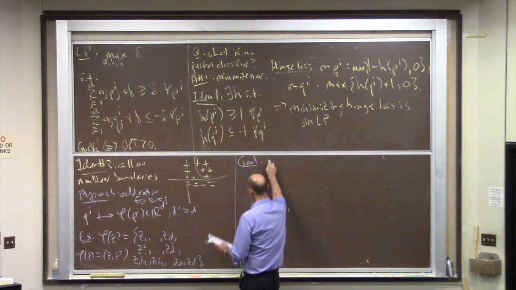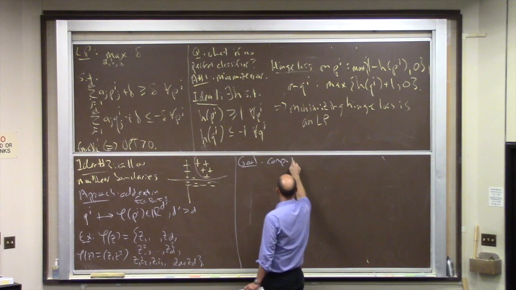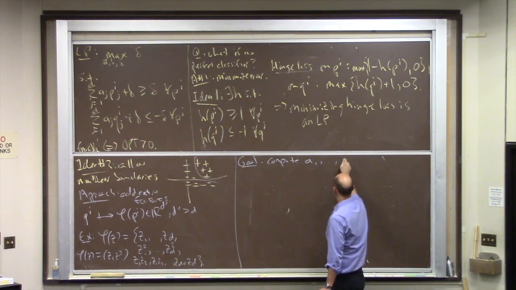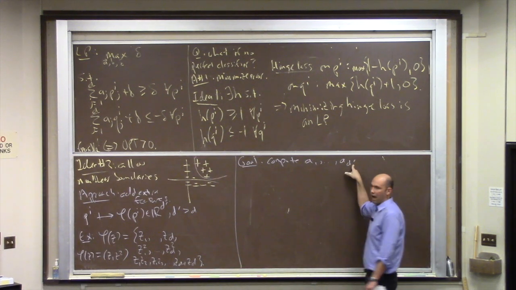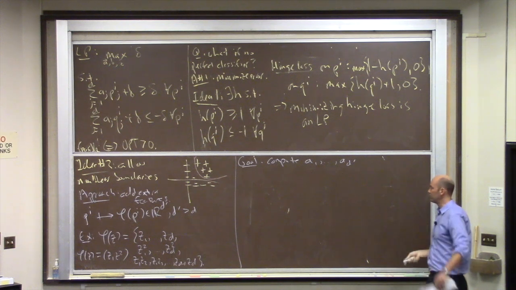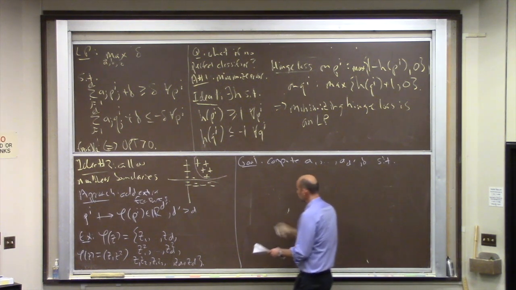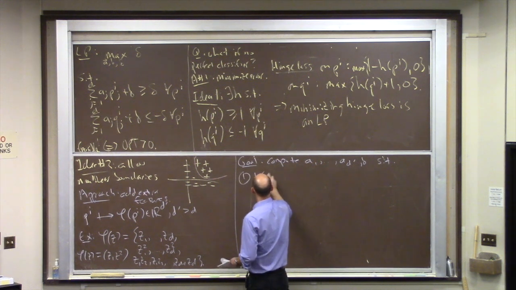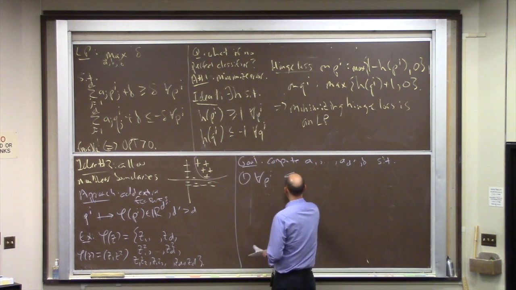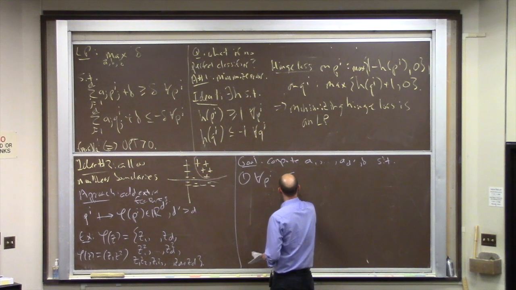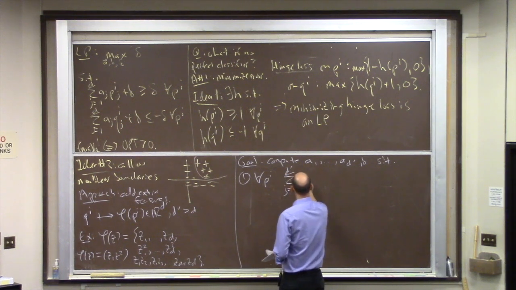So now the goal is to compute a1 up to a d prime. Okay, so we're working in this higher dimensional space, plus an intercept, such that, same thing as before, for all positive points, I sum over all of the d prime coordinates.